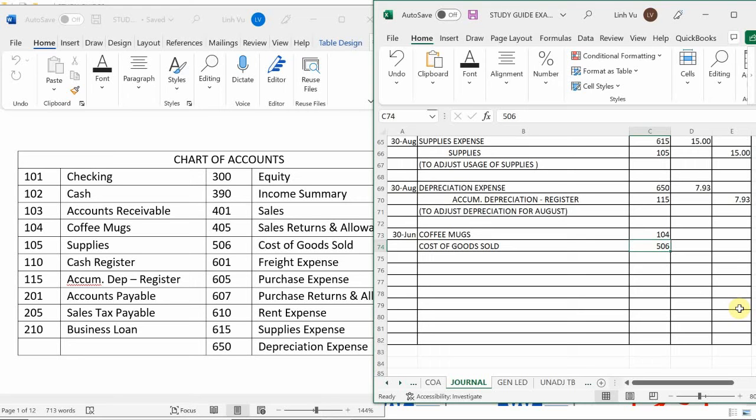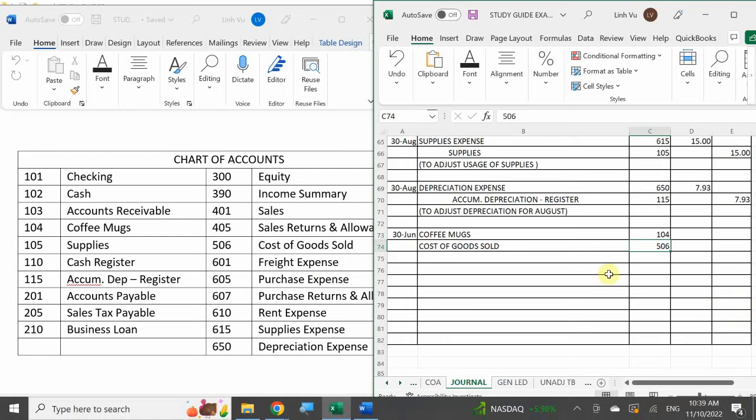Where did I originally put my coffee mugs? When I purchased my coffee mugs, where did I originally place them? Purchase expense.